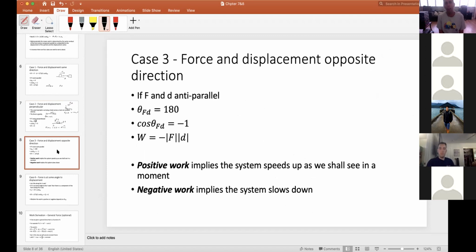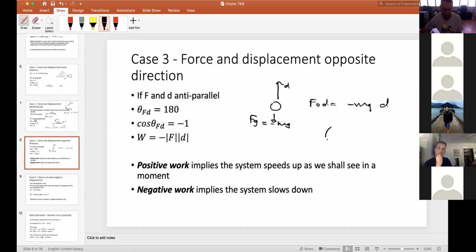The final one, no, there's two more, sorry, is opposite direction. And as we said, if the force of gravity is down and your displacement is up, then F dot D here would be negative mg times D, or mg times D times cosine of the angle between them.